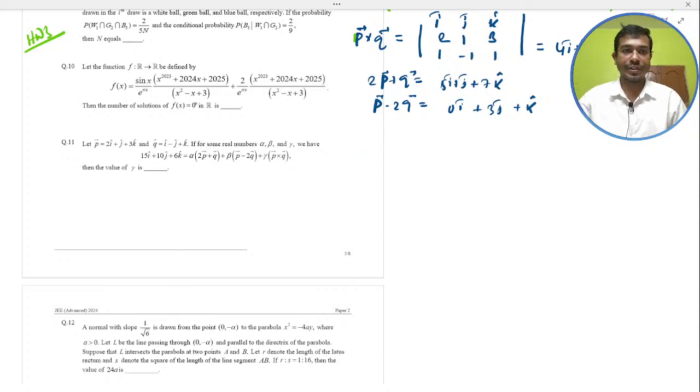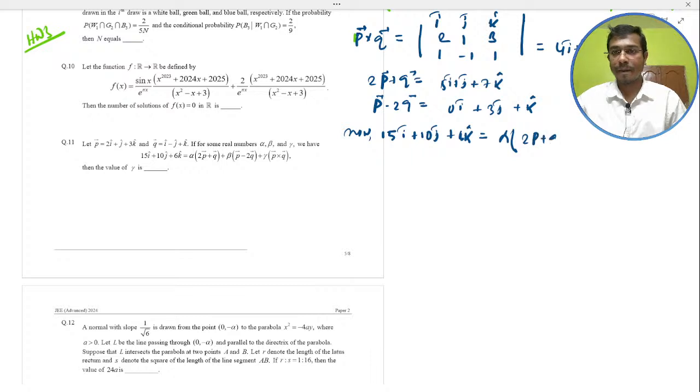Now put this value in this equation. This is given: 15i, 10j, 6k equal to alpha into (2p plus q) plus beta into (p minus 2q) plus gamma into p cross q. Put these values one after another.